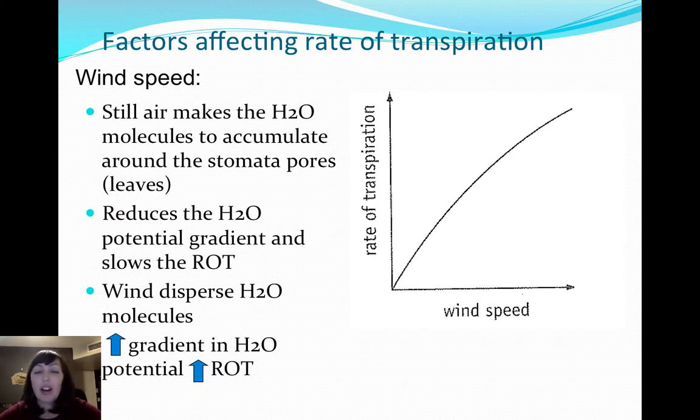As water escapes those pores, the molecules start to accumulate to each other around the pores because of cohesion, which reduces the water potential gradient, because right outside the stomata is a higher concentration of water. But if it's windy, that disperses those water molecules from the stomata, which increases the gradient in water potential and increases the rate of transpiration.